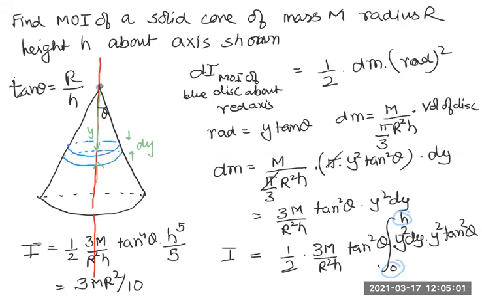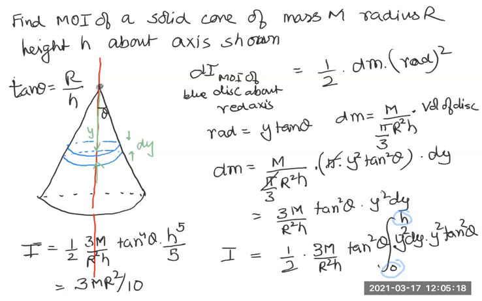But how can it be along the axis? The radius should be perpendicular. y is the distance from the apex to the center of the disk. How can it be the radius? Number one.